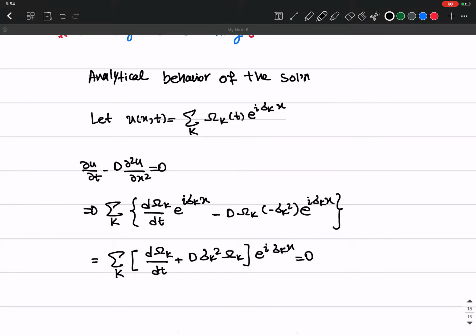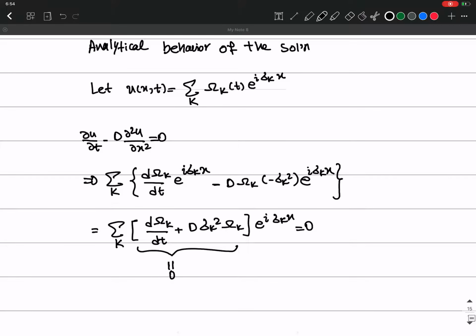And in order for this to be 0 for all k's, we need this bracket to be 0, because the exponential is not going to be 0, right? This is not 0. So if this is 0 for all k's, then this is going to be valid.